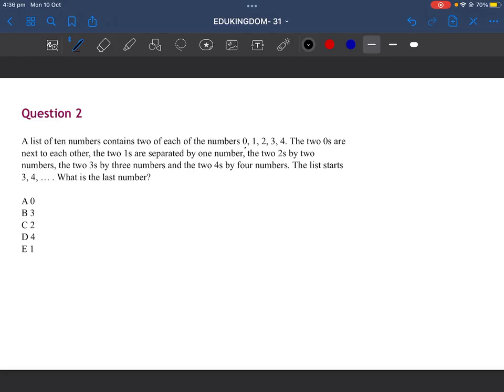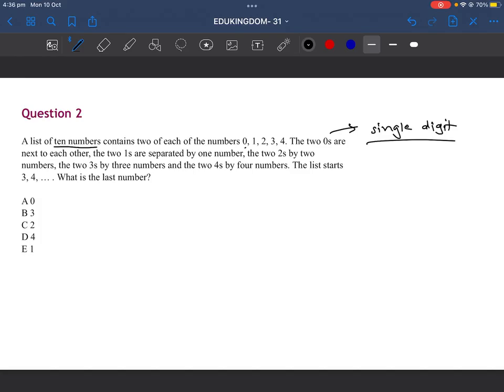And also, the question doesn't mention this, but it is only a single digit. I think it would have been better for the question to mention that all the numbers are a single digit, because when I read it for the first time, I assumed that it was any combination of 0, 1, 2, 3, 4, because it just says a list of 10 numbers. But yep, it's single digit, and so let's follow along from there.